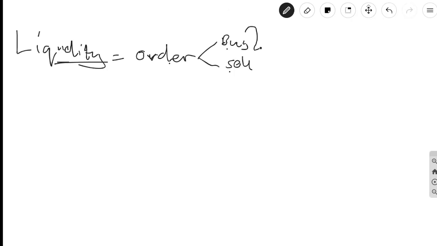The first form is limit orders. That's why we have buy limit and sell limit. Those are orders, those are liquidity. So when you place a buy limit or sell limit, you have to know you are liquidity.